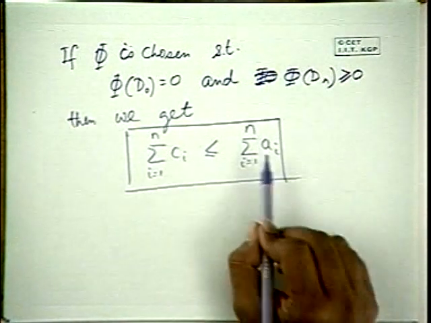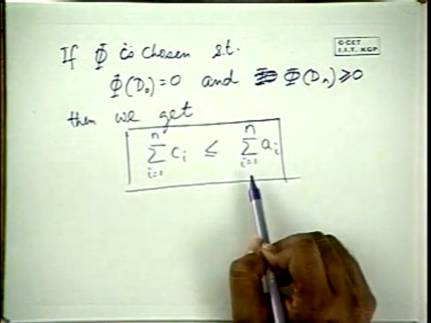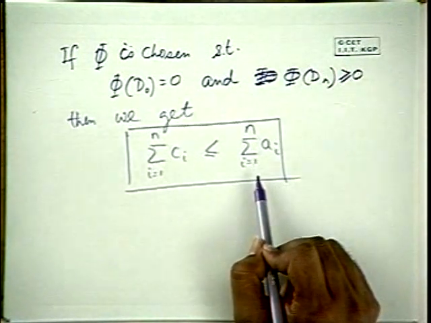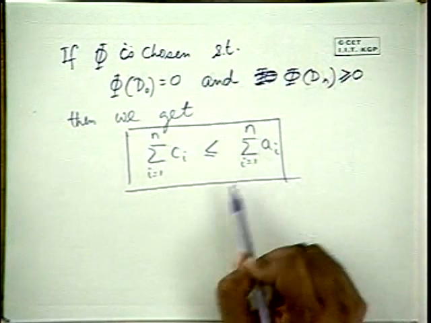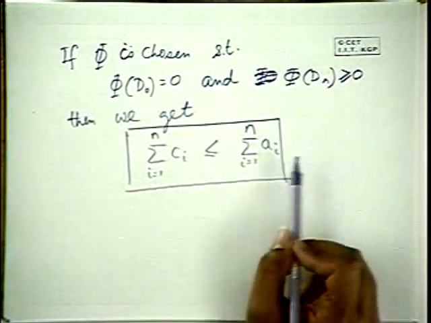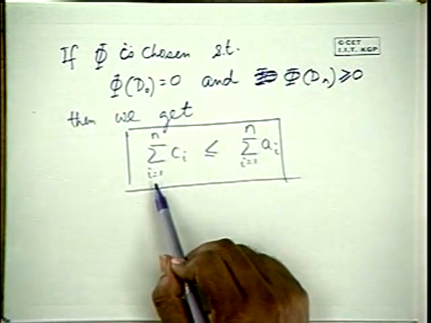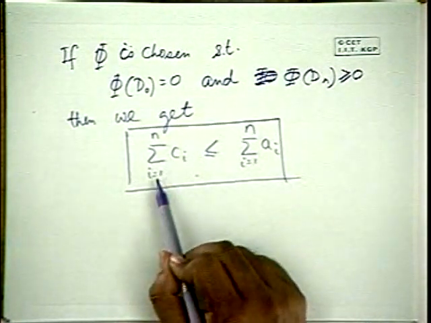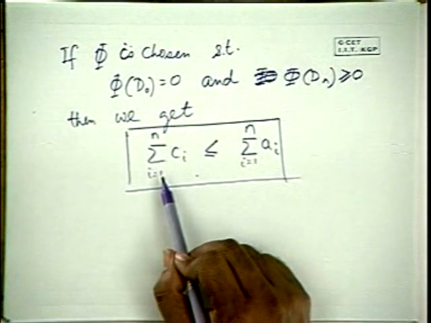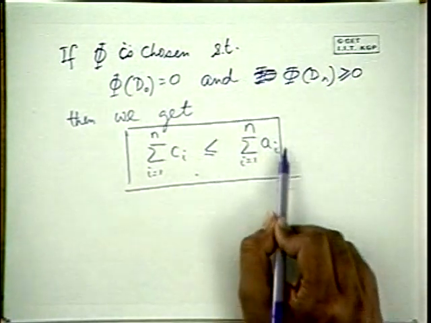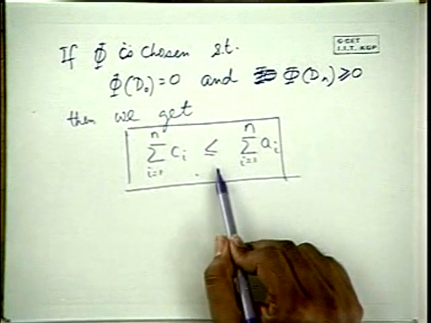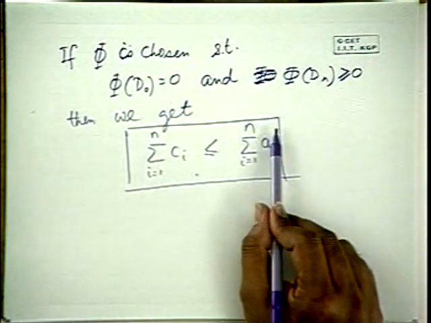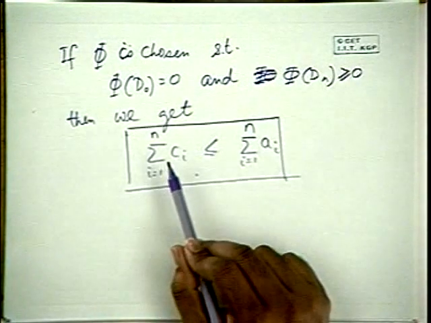Why? Now I know that with this potential function, if I evaluate the amortized cost and take the summation over all the operations, this gives me an upper bound on the actual cost. We are interested ultimately in the actual cost, but by doing this, I know that the summation of all the amortized costs over all the operations is bounding the actual cost from above.